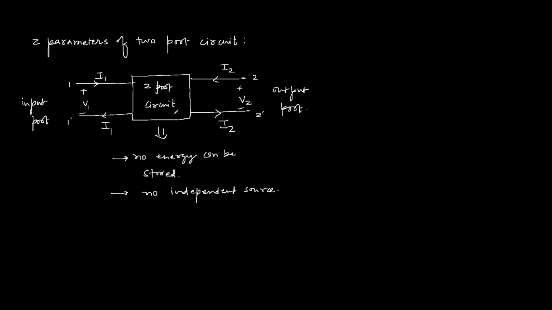Dependent sources are allowed, but independent sources are not allowed within the two-port circuit. And we should not apply any excitation between 1 and 2. No excitation should be provided between terminal 1 and 2. Similarly, 1 and 2 dash, and 1 dash and 2 dash, and finally 1 dash and 2.